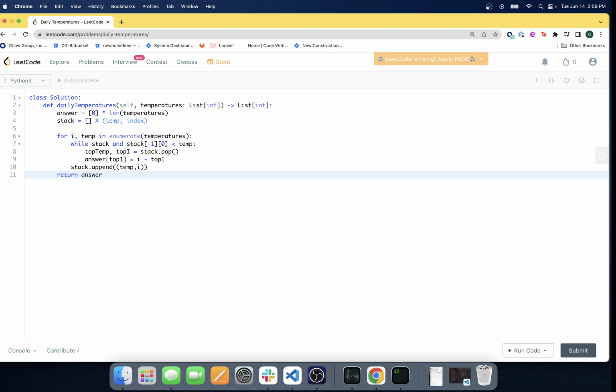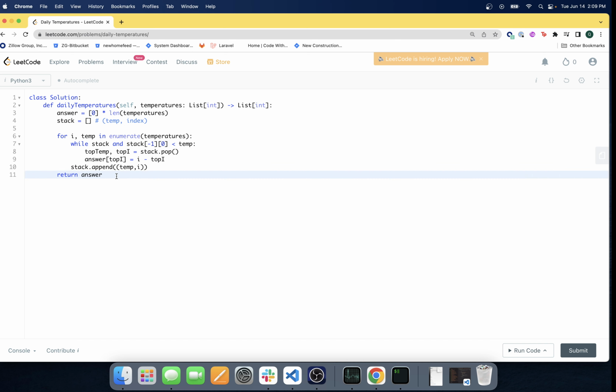And we don't need to handle the case at the end when there is no higher temperature, because we initialized our answer to 0. So if we never pop and update this answer here, then it's just going to default to 0.